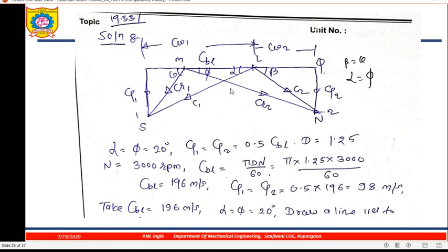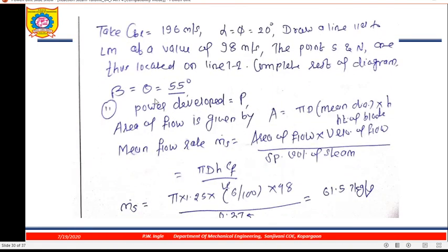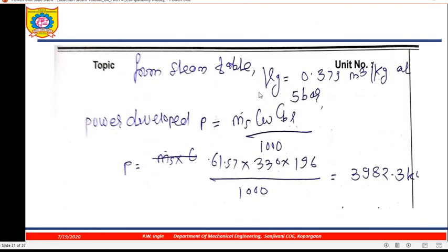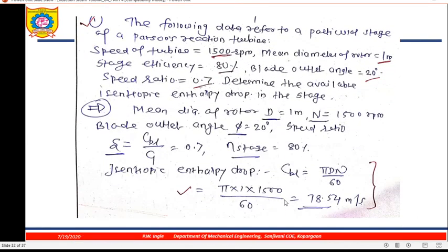So very simple, you draw the velocity triangle, you write all given data, okay, and then complete the velocity triangle by drawing it geometrically. You will get the values of beta, theta, okay. Then you can calculate power developed. So area of flow, then mass flow rate, okay, that is rho into Q, and then mass flow rate you are getting 61.5 kg per second. Then from steam table Vg, then power developed, okay. So these problems you can solve by practicing, okay.